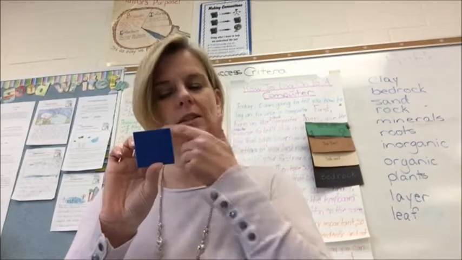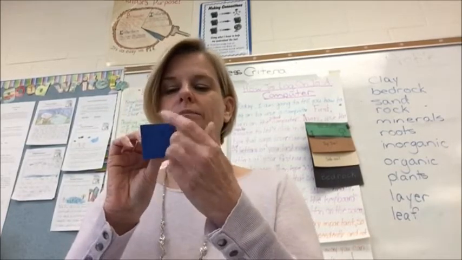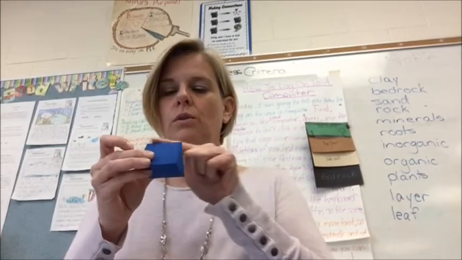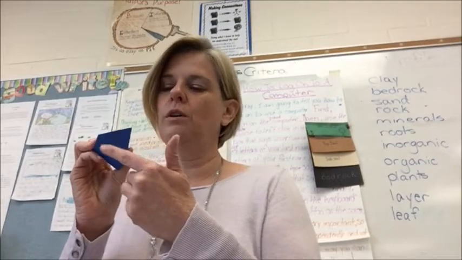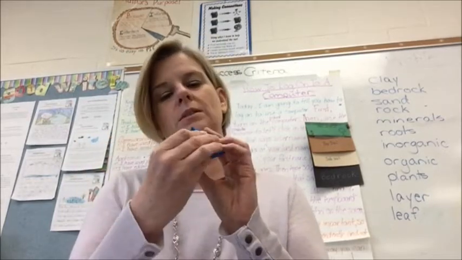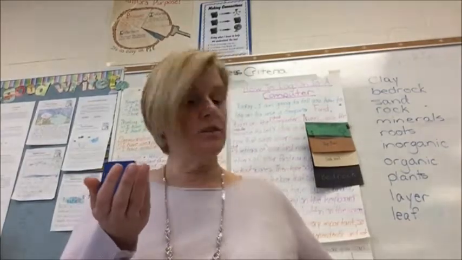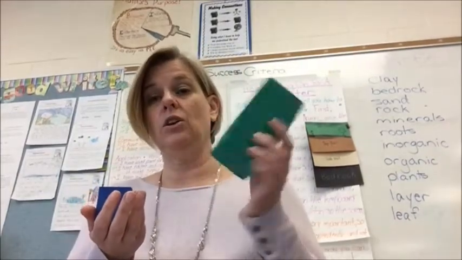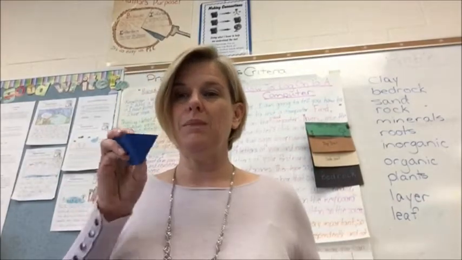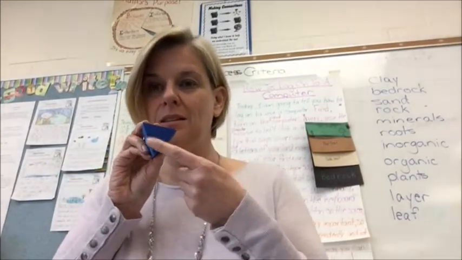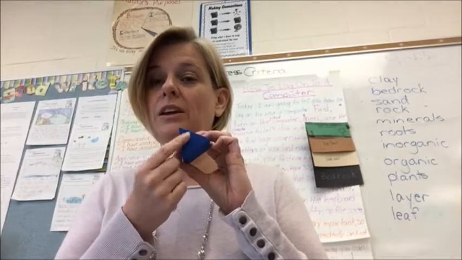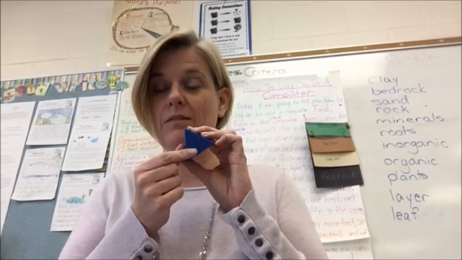Okay, and let's count the edges. 1, 2, 3, 4, 5, 6, and then the other base, 7, 8, 9 edges. This is not the same as a rectangular prism, because if you look at the base, it's a triangular shape, isn't it?